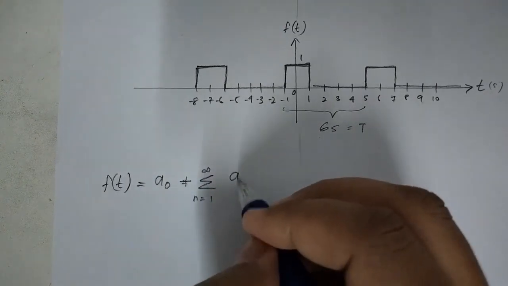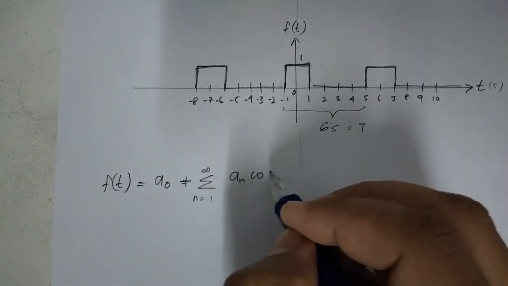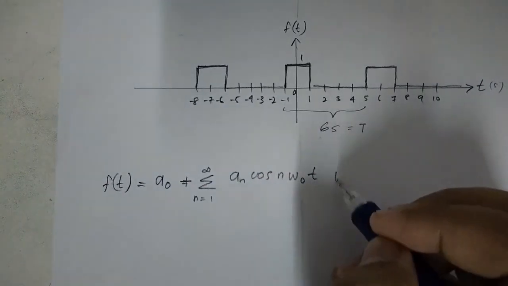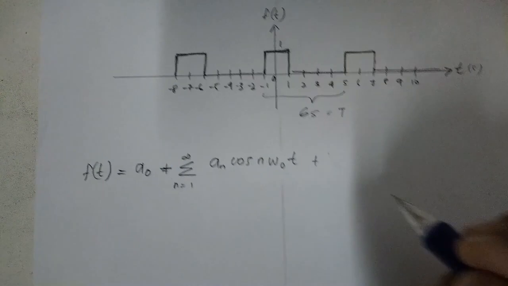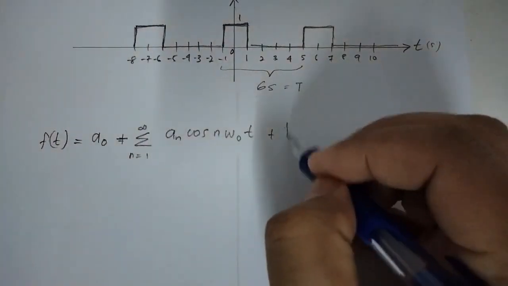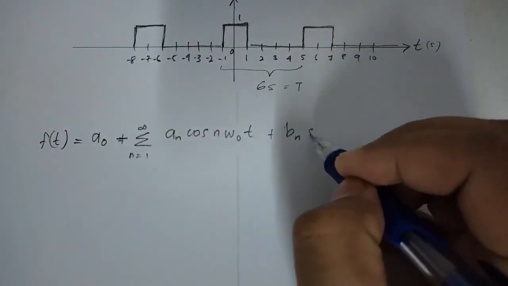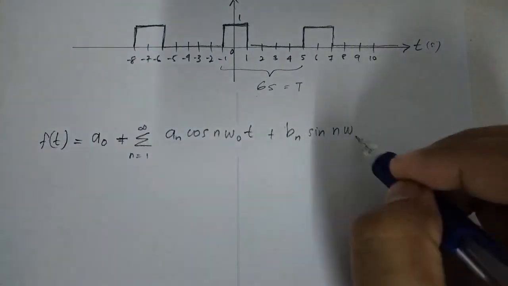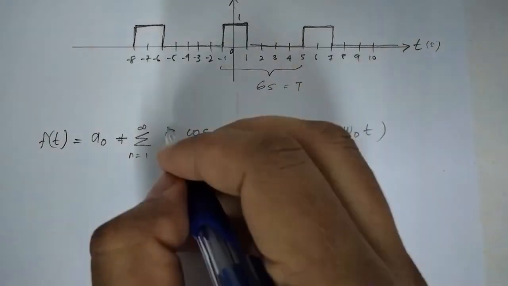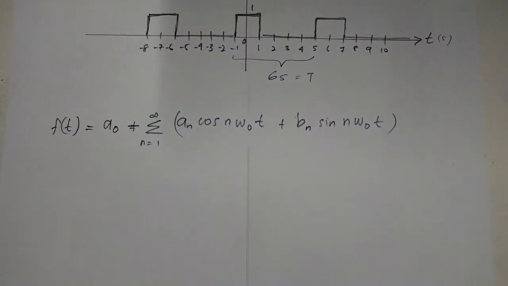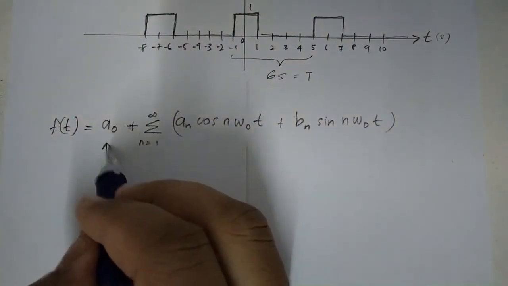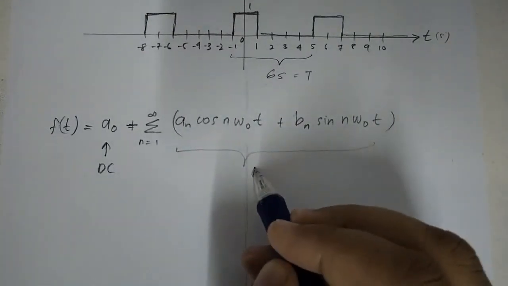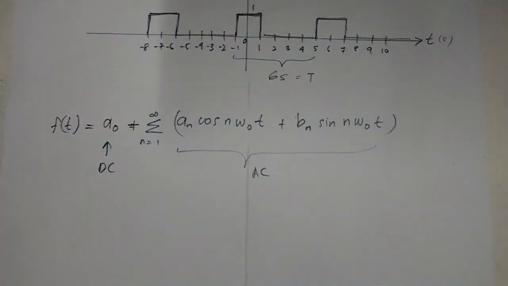of an cos(n omega naught t) plus bn sin(n omega naught t). Alright, so we have the DC component and we have the AC component.